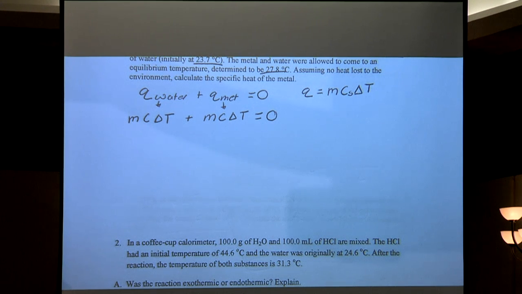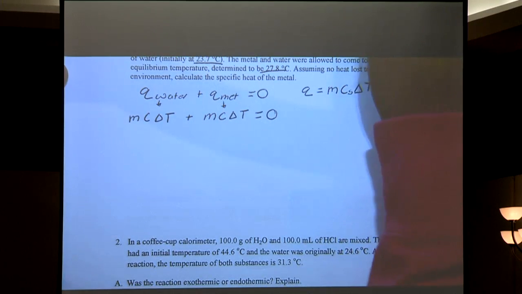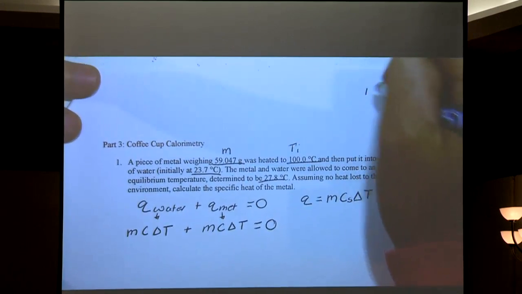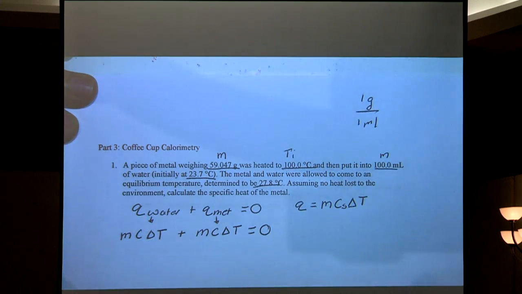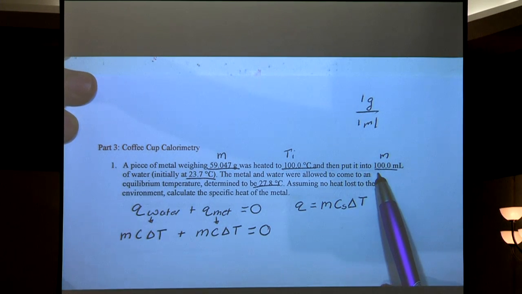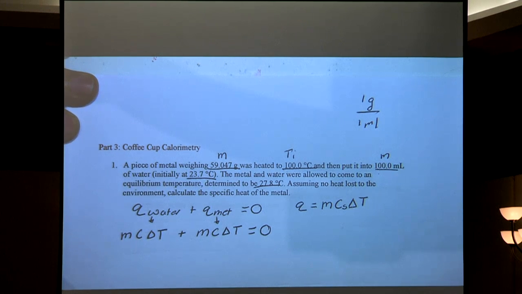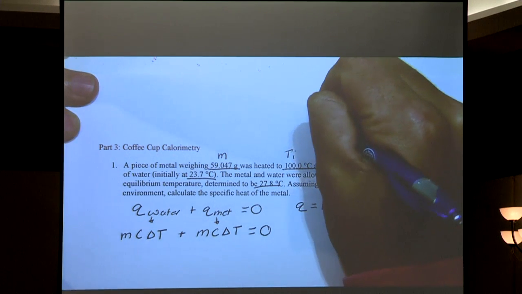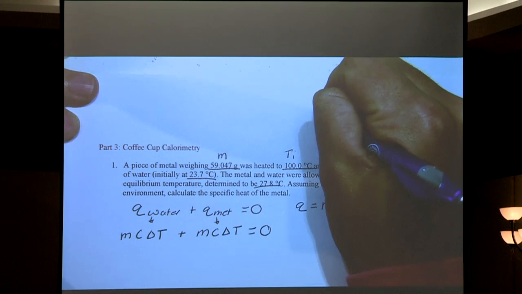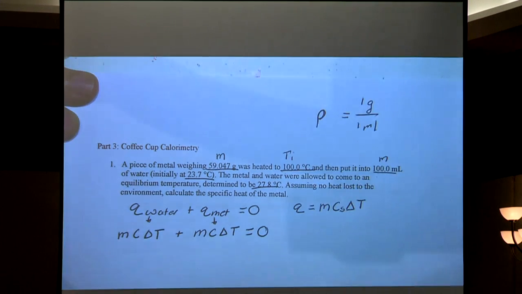Remember, going back to chapter 2, the density. That's why I put that in here, because this is a common mistake, even though it doesn't matter in this one. The density of water is 1 gram per 1 milliliter. So how much does this weigh? 100 grams. This is called a rho, the symbol that's pretty much used for density all the time.